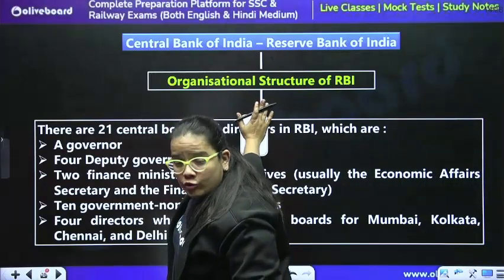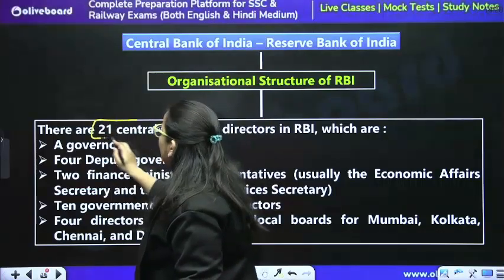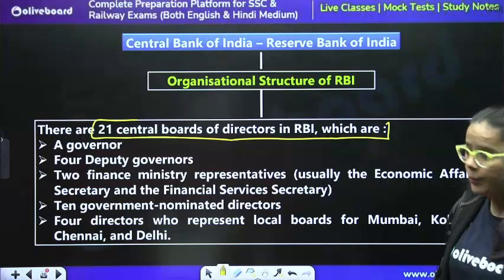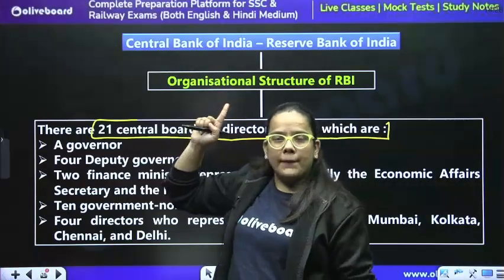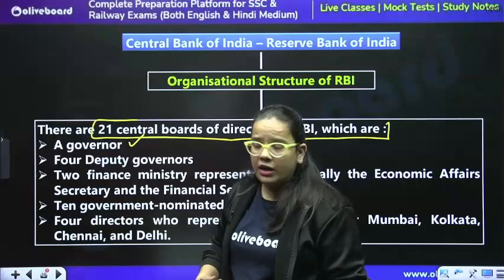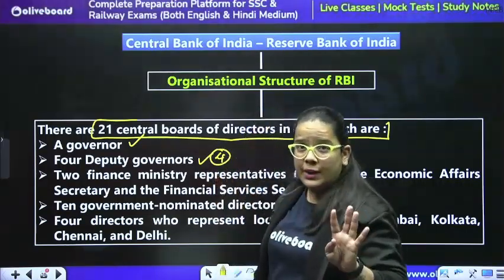In the composition of RBI, it consists of 21 central board directors. One, the highest or main post, is the governor. Four deputy governors.